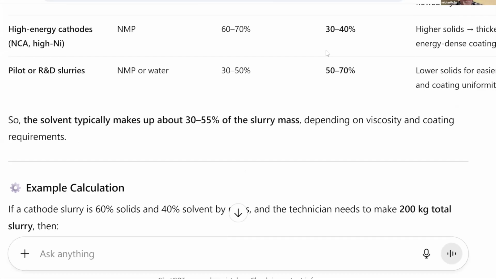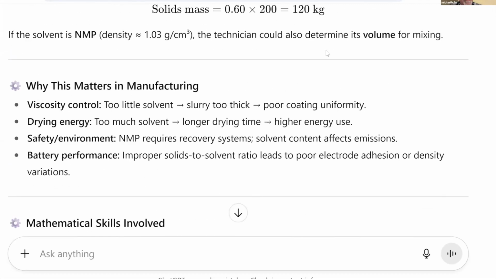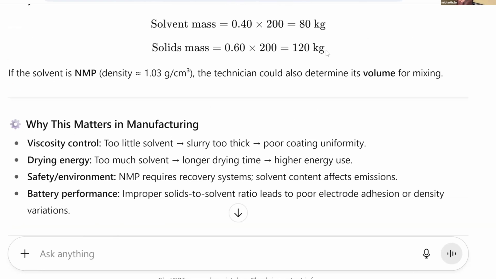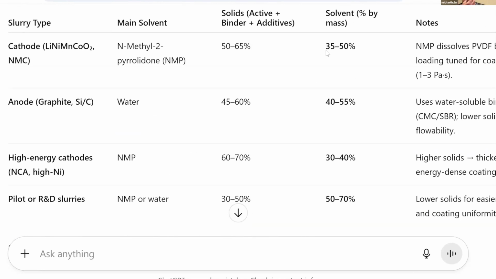And then it also tells you what the problems are if you don't have the right mix: too runny, too solid, it doesn't conduct. I learned a lot in 15 minutes. It made me appreciate the math problem, because I drive an electric vehicle and I'd like the people making it to get it right.